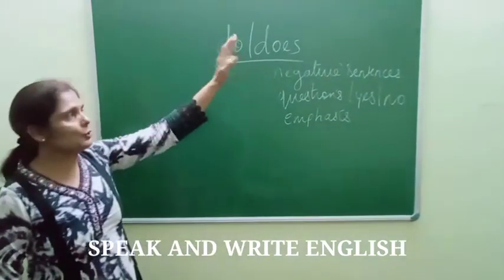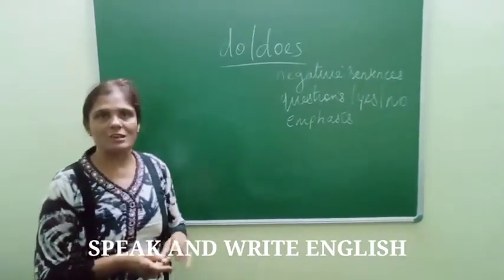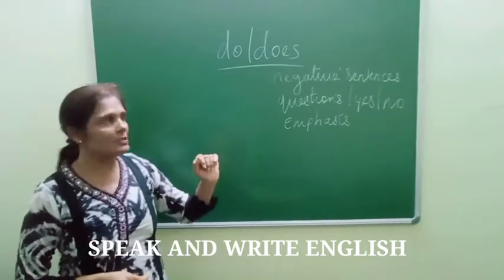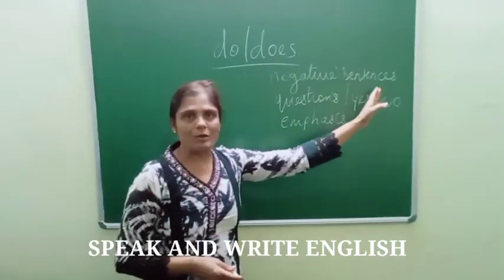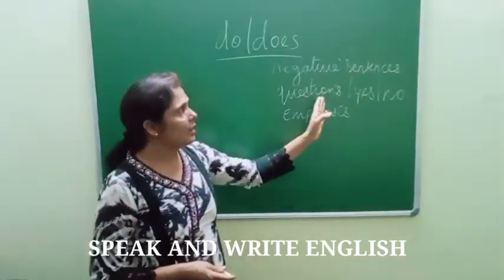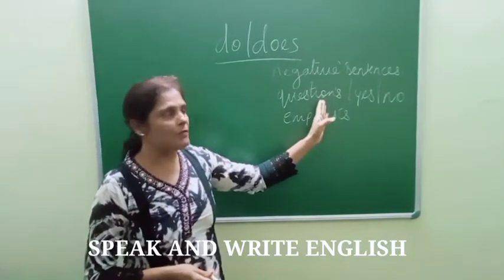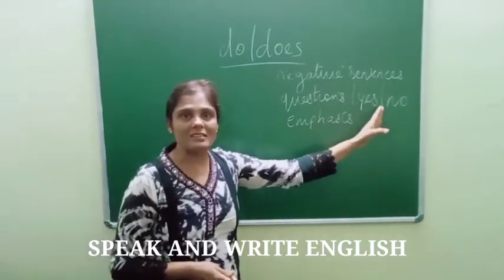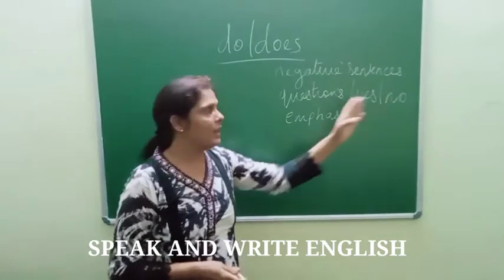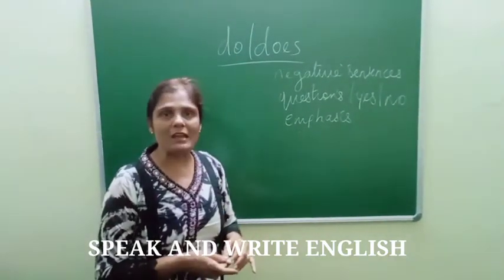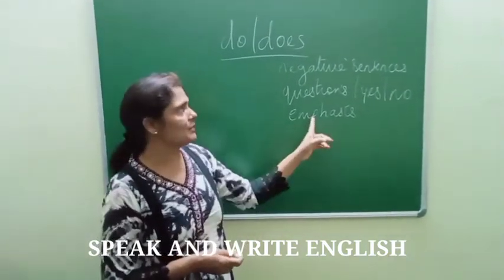The auxiliary do and does will be used in the present tense when you are going to talk about a negative sentence, when it is asked in the form of a question, when the answer is yes or no, and whenever you have to make an emphasis on the statement.